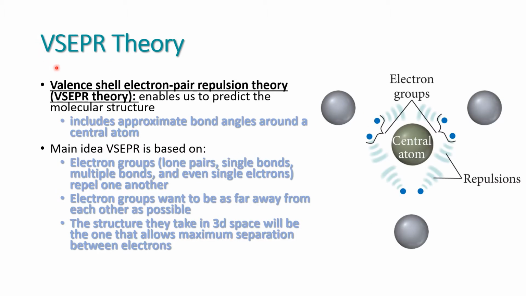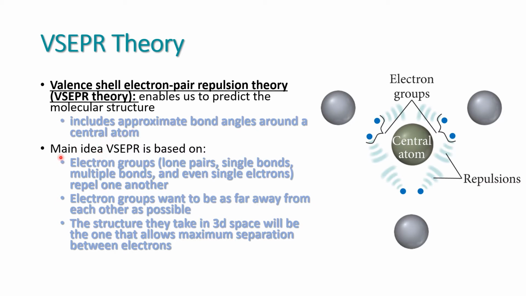What we base all of this about structures and shapes of compounds off of is VSEPR theory, which is valence shell electron pair repulsion theory. We shorten it to VSEPR again because chemists are lazy. And this is what helps us predict molecular structure. This again includes those bond angles that we were talking about, and they're relative to that central atom.